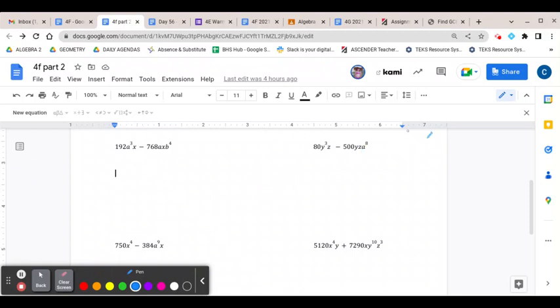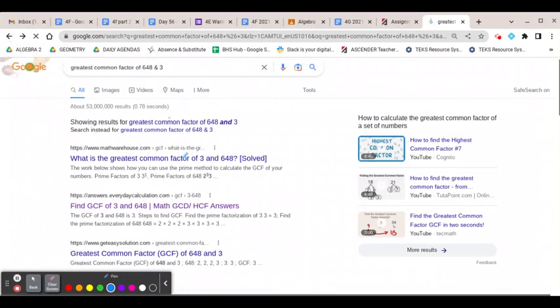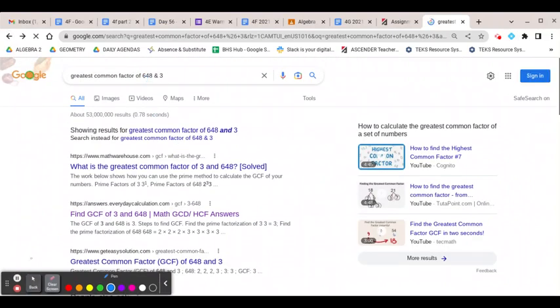So again, step 1, we got to take the greatest common factor out. So we have 80 and 500 right here. If we want to find the greatest common factor of 80 and 500, let's just Google it.